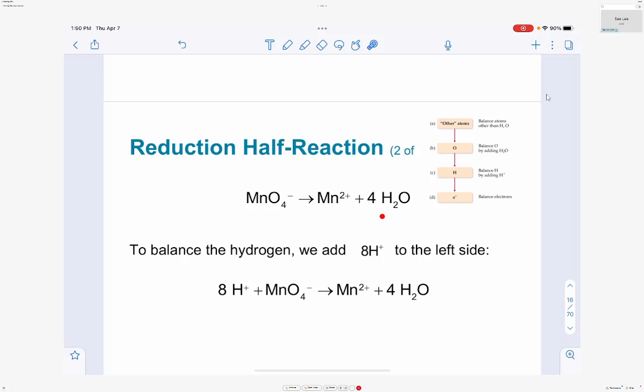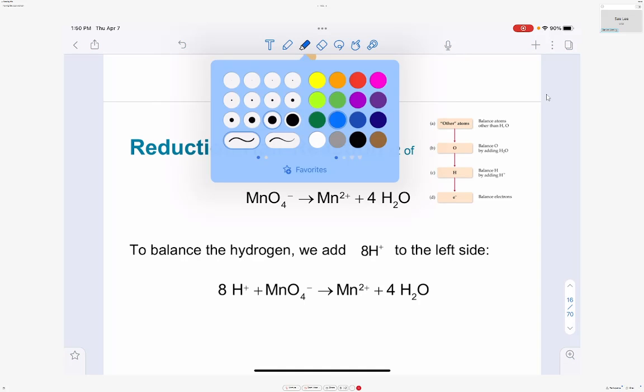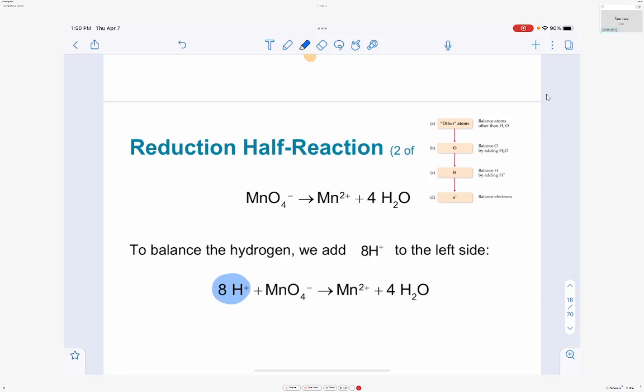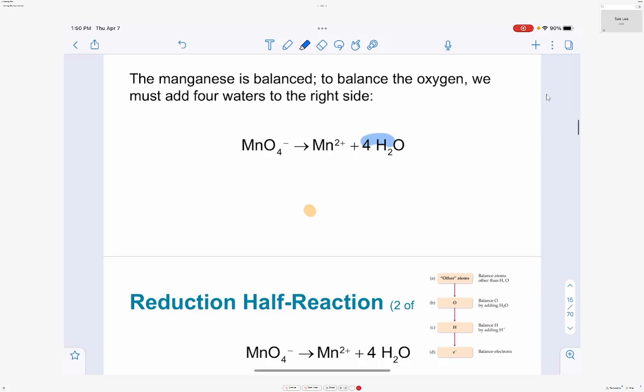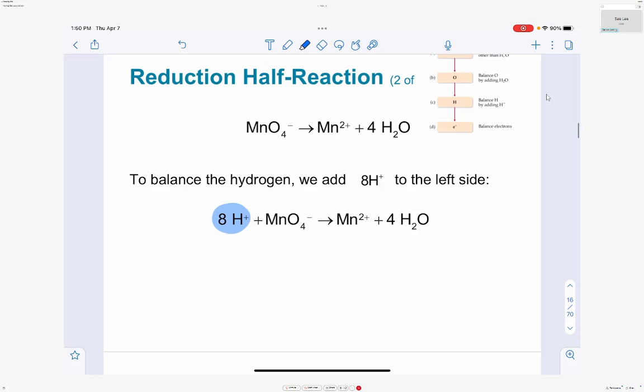So in order to have an equal number of hydrogen on the left side, you need to add 4 times 2, 8 hydrogen or 8 protons on the left side. Okay, that's why you added this. You add water, so you add proton to balance the number of hydrogens.